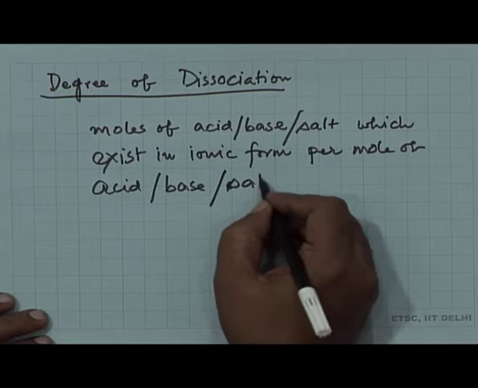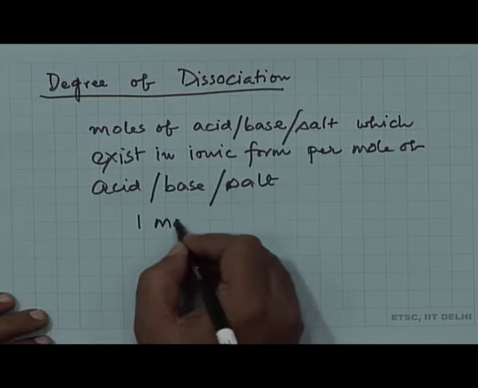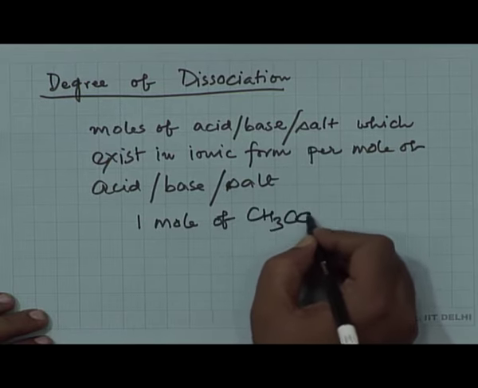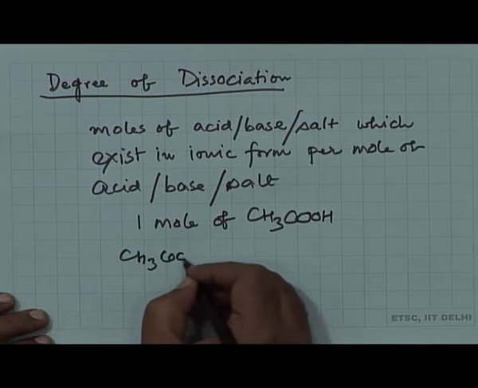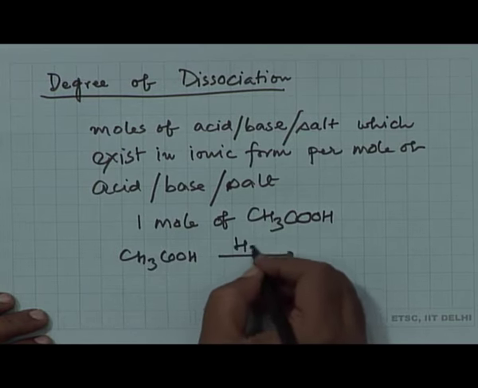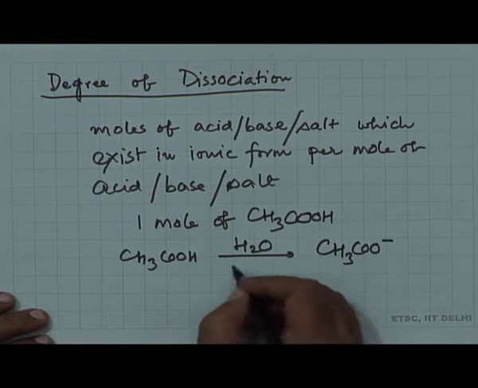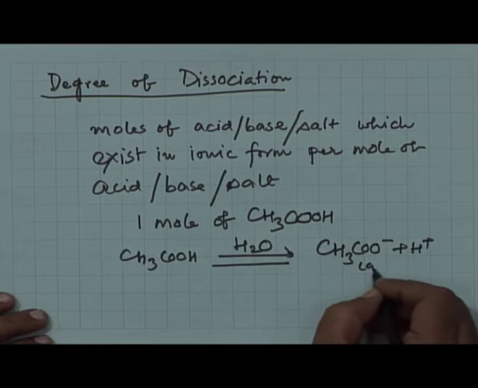Base or salt. For example, suppose I take 1 mole of acetic acid and I put it in water. It will give you CH3COO minus plus H plus aqueous.